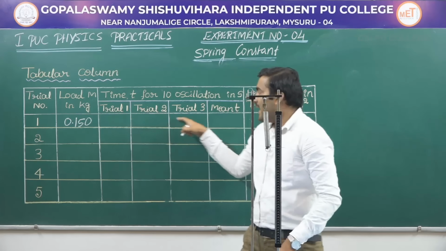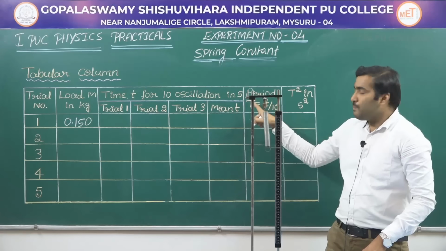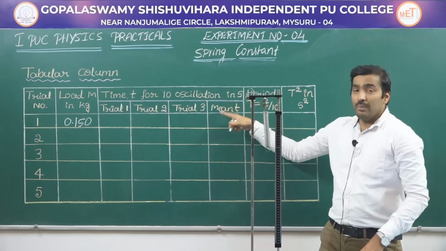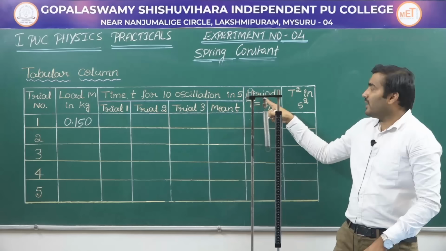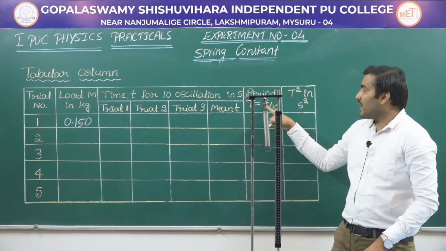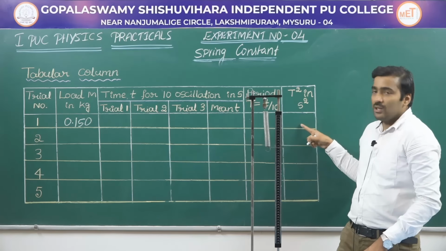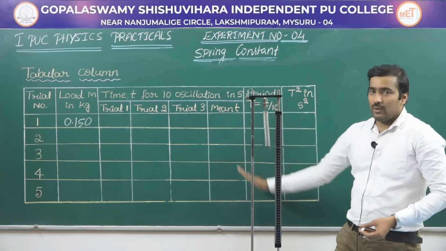First we will do these trials and then find the mean t. What is time period? Time period is the time taken for one oscillation. In this mean t, we get the time taken for 10 oscillations. To get the time taken for one oscillation, divide this time by 10 and you will get the time period. Then the square of the time period is written here. First we will finish the experimental part, then we can go for the calculations.